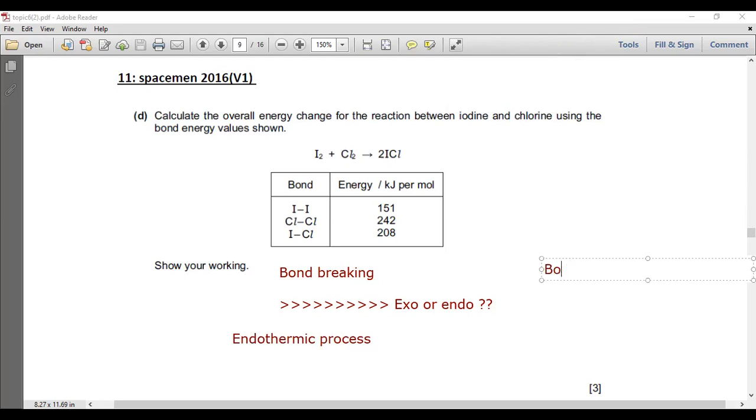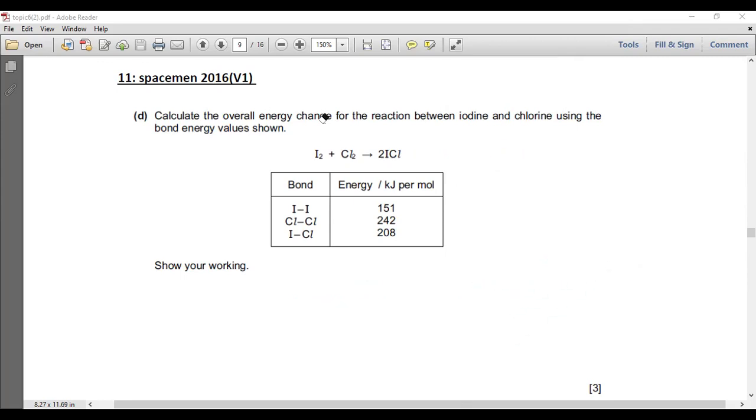Bond forming. For example, here, if you have iodine, it will form a bond with Cl. In your point of view, exo or endo? Exothermic, yes. When a new bond forms, this is an exothermic process. Always.